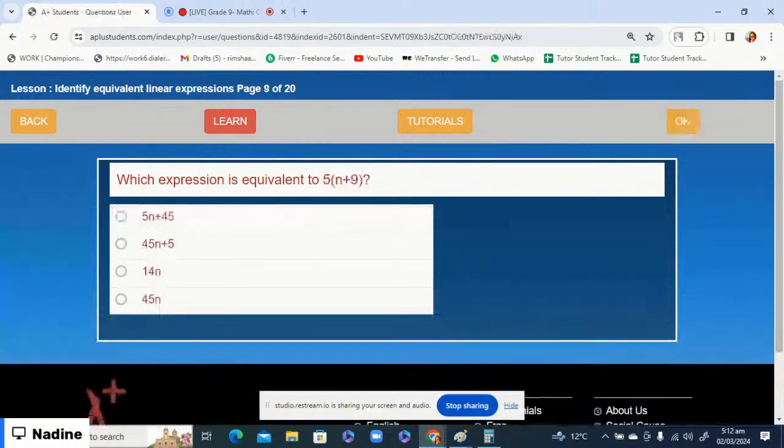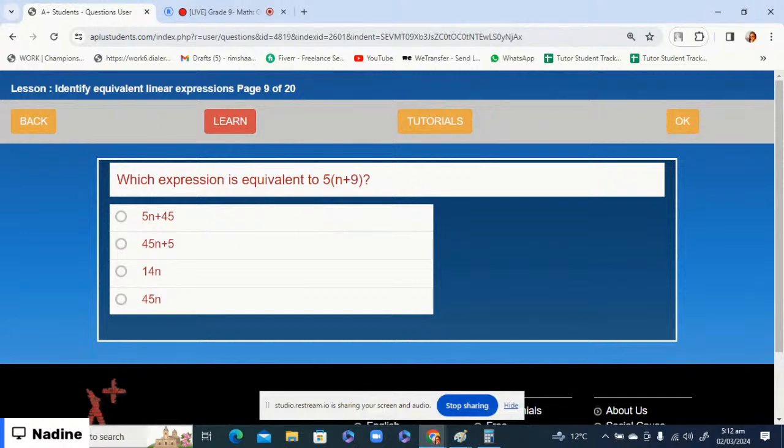Okay. Now here is again the same, 5 into n plus 9. First of all, multiply 5 with n, then addition sign as it is, and then multiply 5 with 9. So what is the answer when you multiply 5 with n? It becomes 5n. Let's write 5n and then 5 with 9. What is the answer?